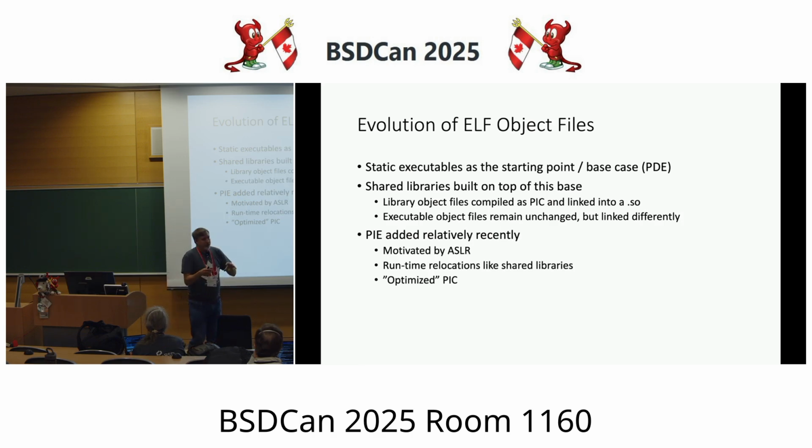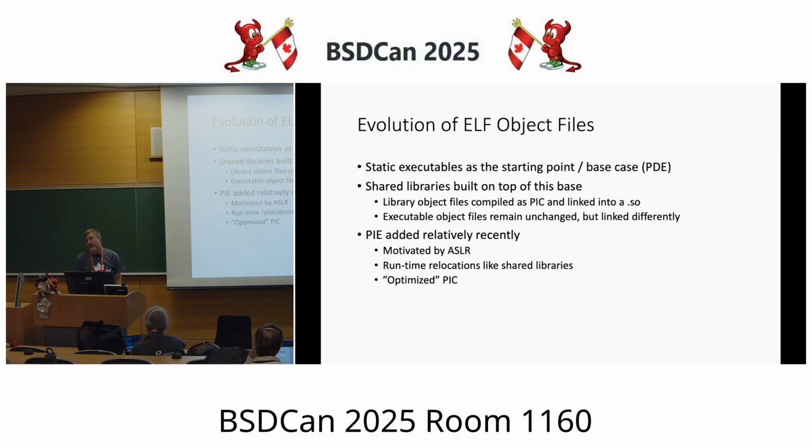One is you now have to do runtime patching of executables the same way you would for shared libraries in PIE, even if they're static, which is part of why FreeBSD doesn't do static PIE binaries currently. And you can think of PIE as a version of PIC that we use for shared libraries, but somewhat optimized. It's kind of a middle ground between PDEs and PIC.